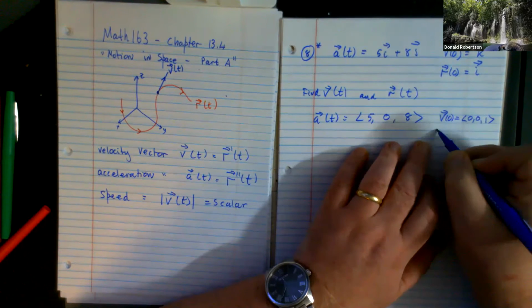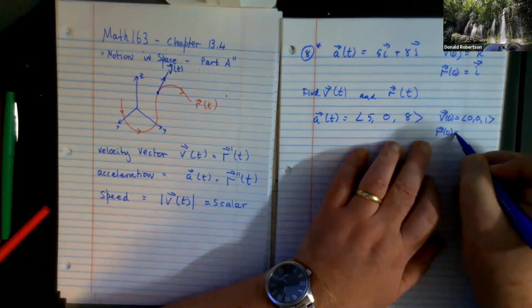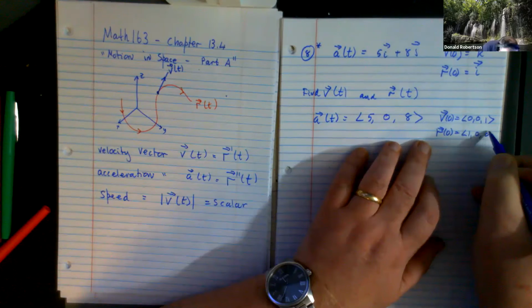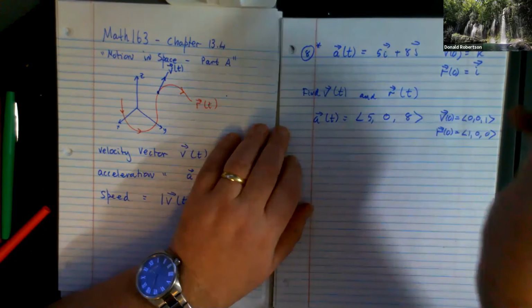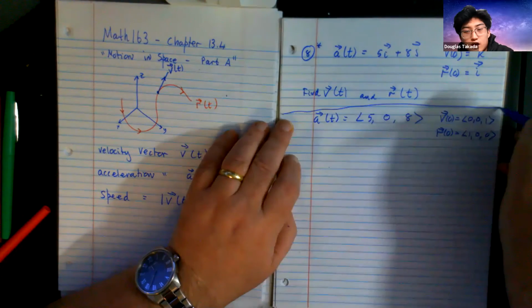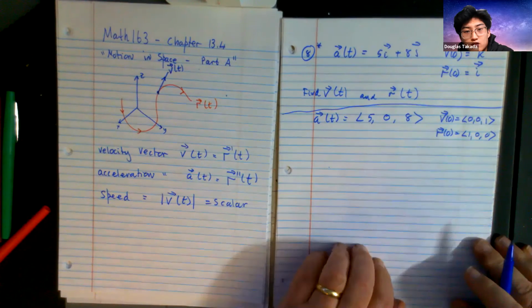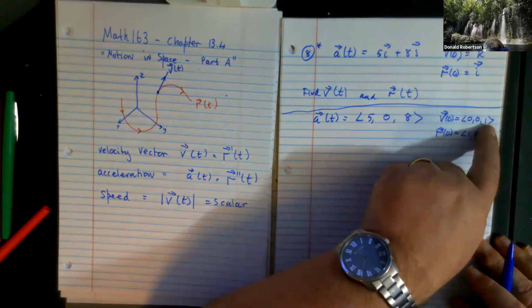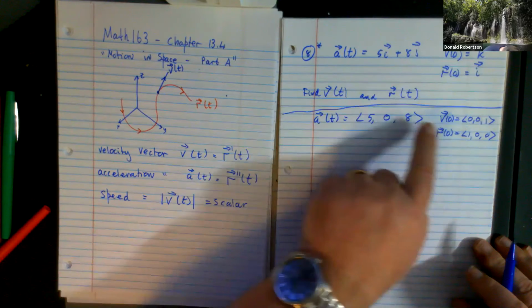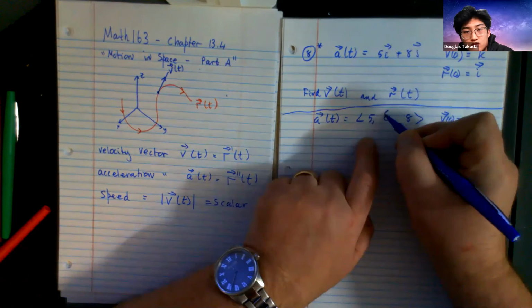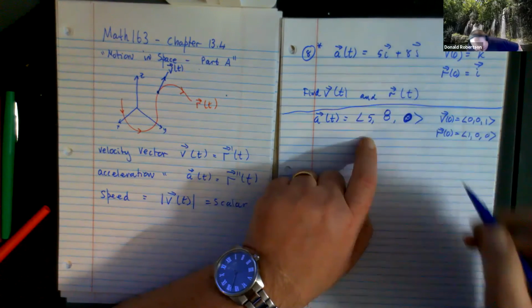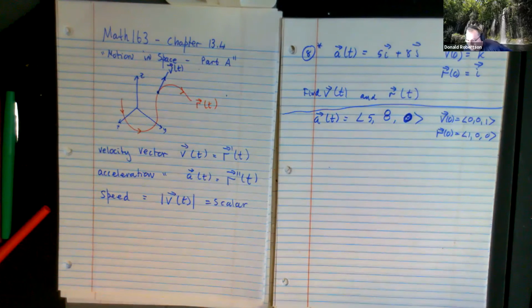And the position at 0 is 1, 0, 0. If you go the way I tend to do these. Wait, is it? Right. It's IJK, right? IJK. 580 for the acceleration. Yes, thank you. Well caught. Which shows you why I do not like IJK notation.